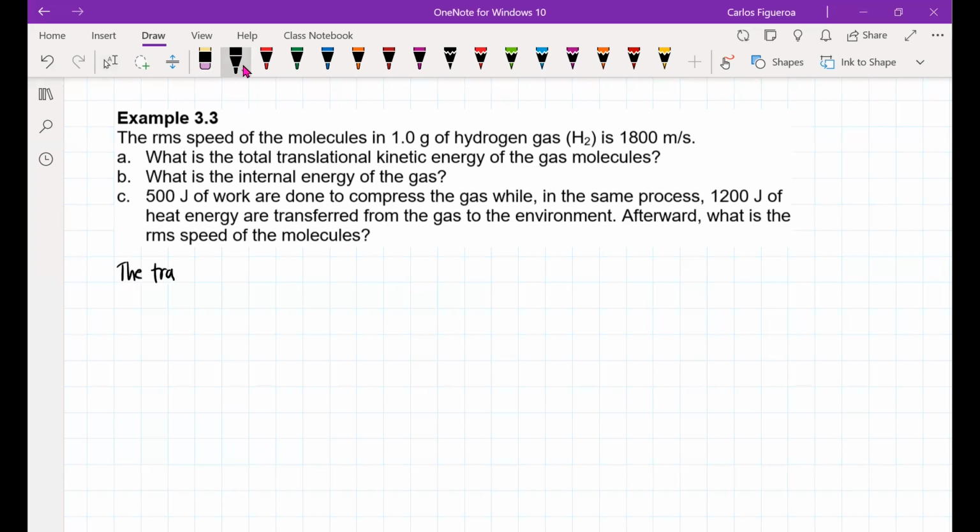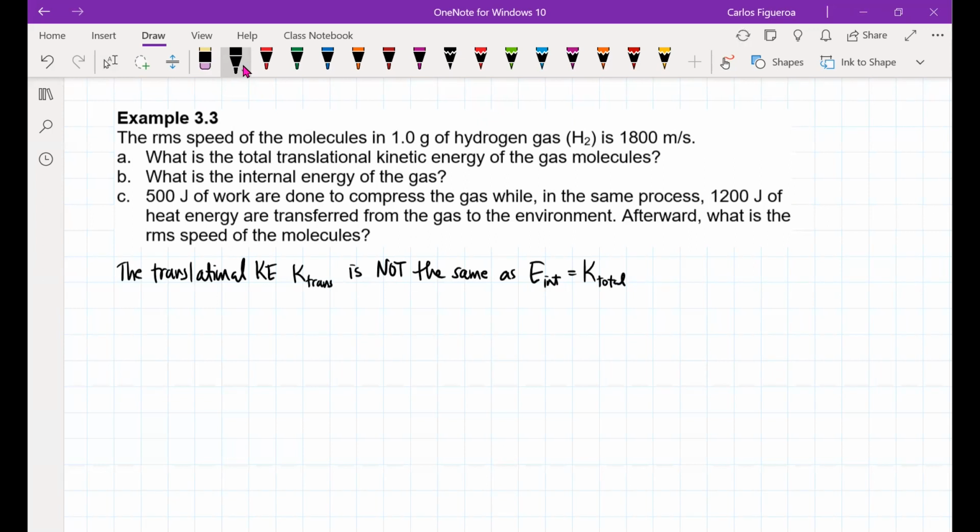The translational kinetic energy, K trans, is not the same as the internal energy, because the internal energy is the total kinetic energy.